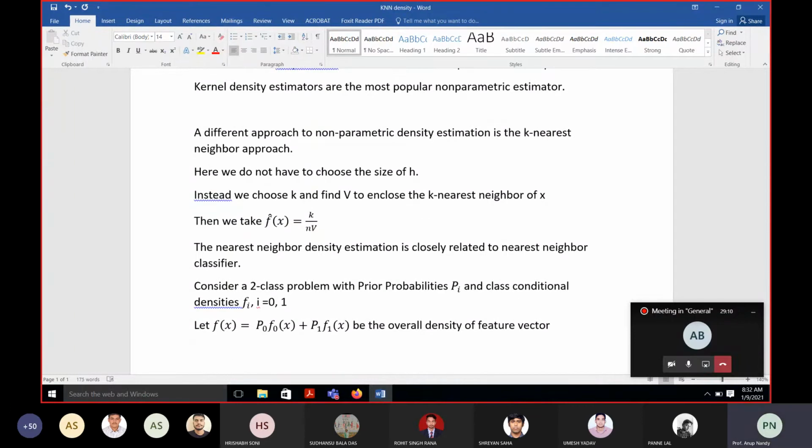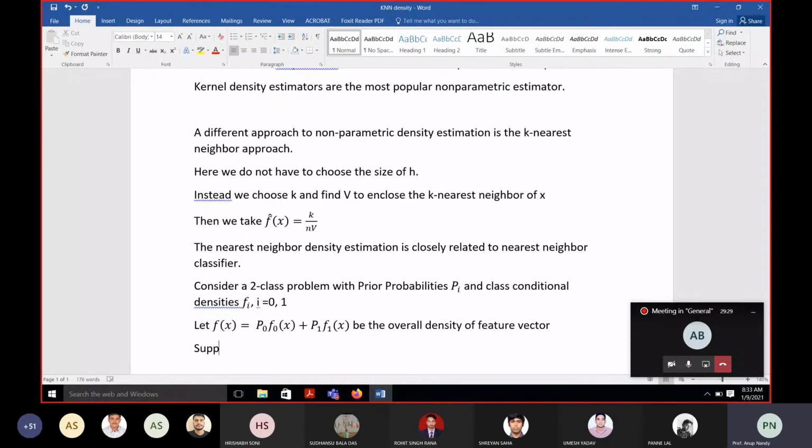This density is being modeled for class 1 and this density for class 2, and P0 is the prior probability for class 1, P1 is the prior probability for class 2. Now what is the overall probability for this feature vector?